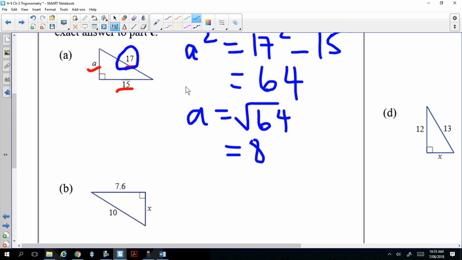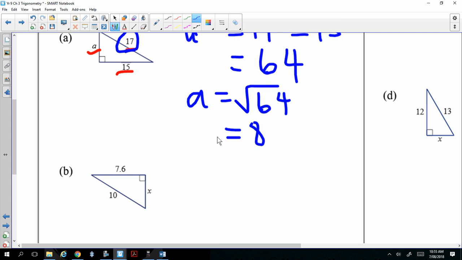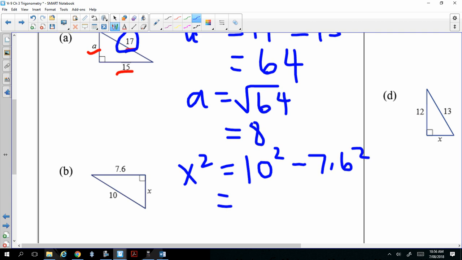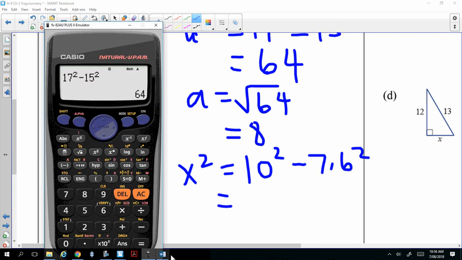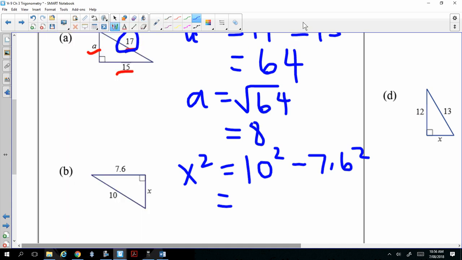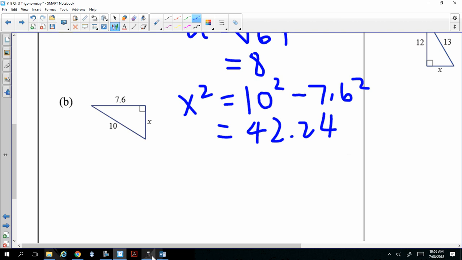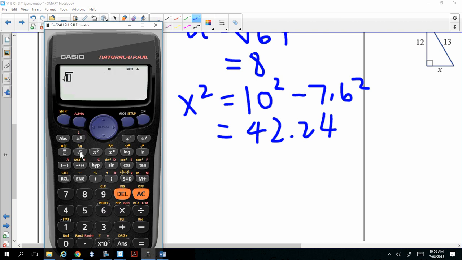Okay, what if you do x? For the next one, x squared is the hypotenuse squared minus 7.6 squared. 10 squared minus 7.6 squared equals 42.24. Then you square root to get 6.4992.